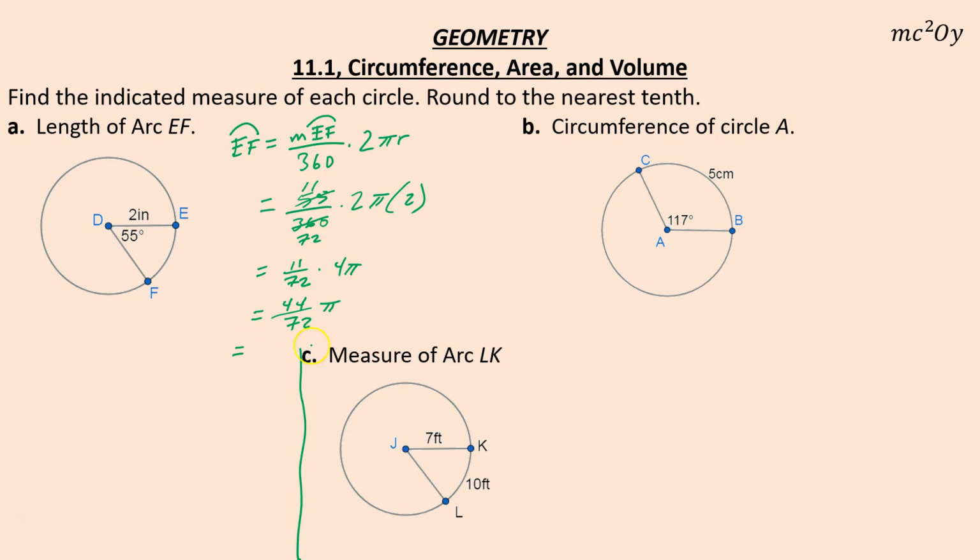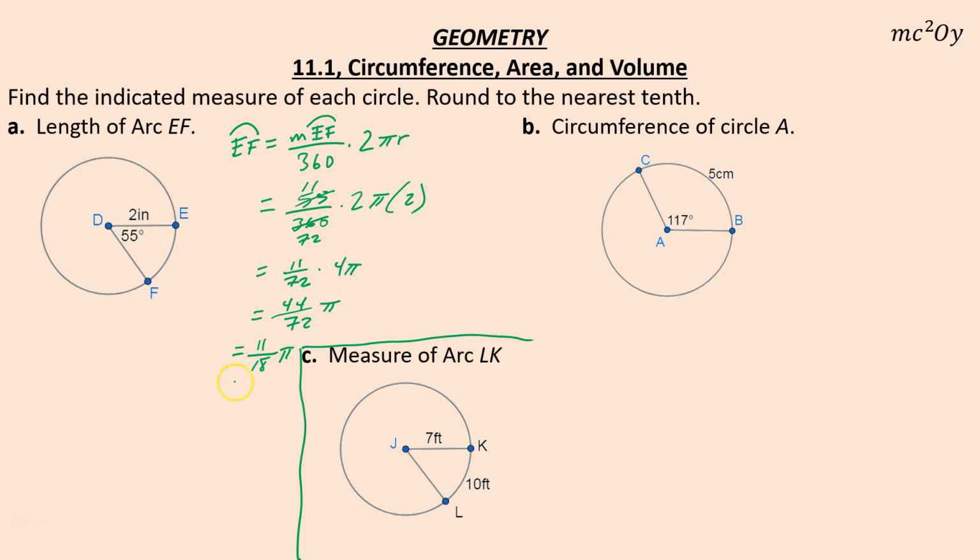I'm going to go ahead and block this off here. I'm going to reduce that to, well, what comes out of both of those? I think 4 does here. And an 11, I guess I could have cross-canceled up there. And 4 goes into 72 a grand total of 18 times. So 11 over 18 pi. That is my answer in terms of pi.